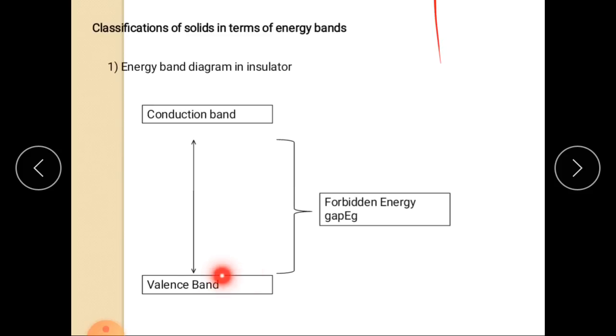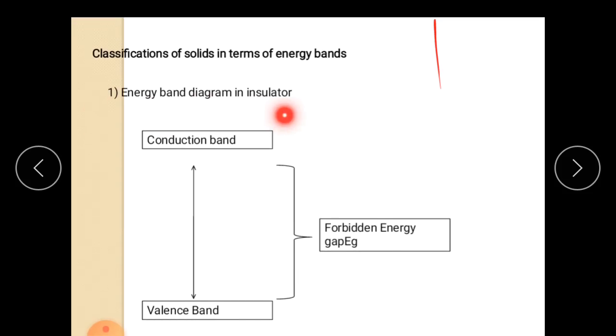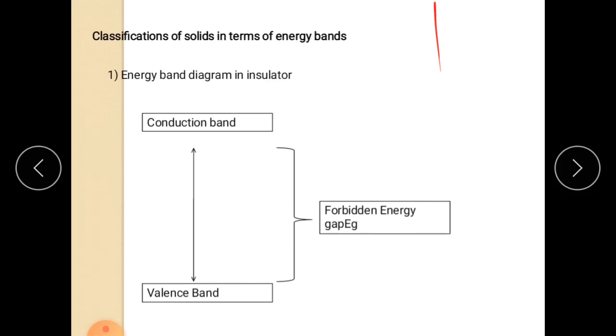They are available for electric current, and hence these electrons are called conduction electrons.